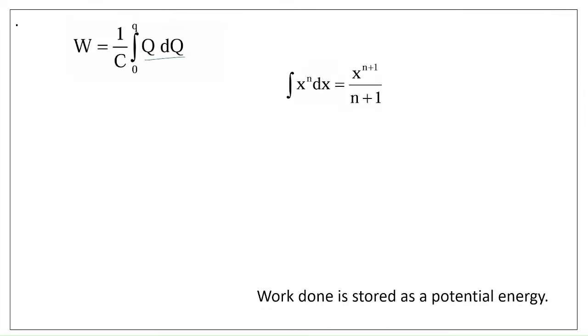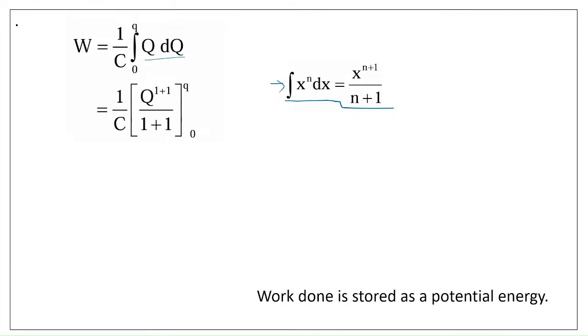The integration of q dq can be solved from this formula. That is, integration of x to the power n into dx is equal to x to the power n plus 1 by n plus 1. Here n is equal to 1.